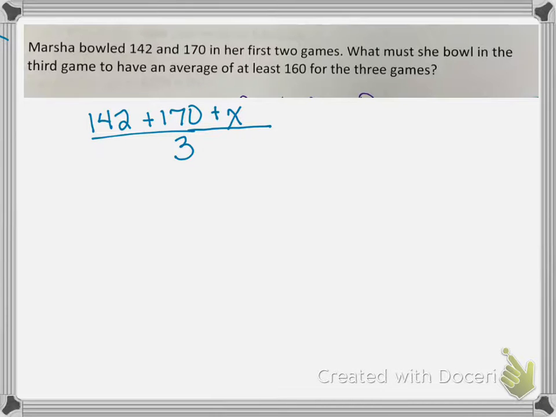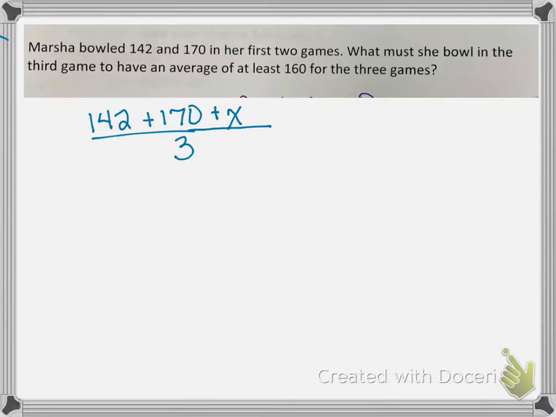Now, she wants to have a 3rd game so that she has an average of at least 160. So, in order to determine what sign you need to put here, you need to think, is 160 acceptable for her average?